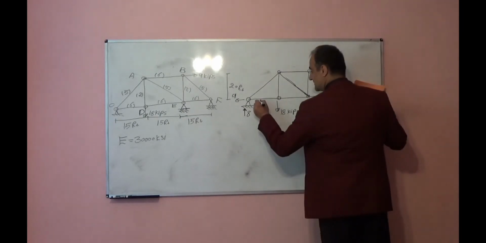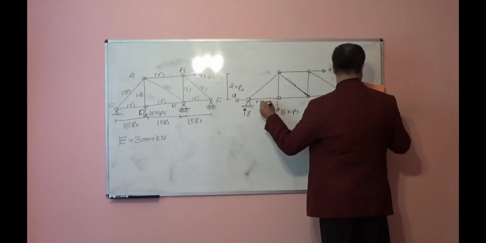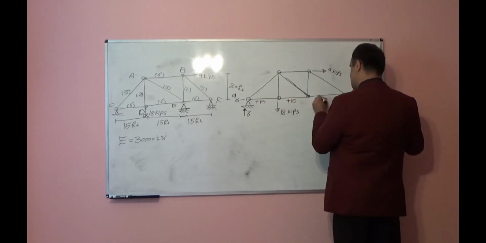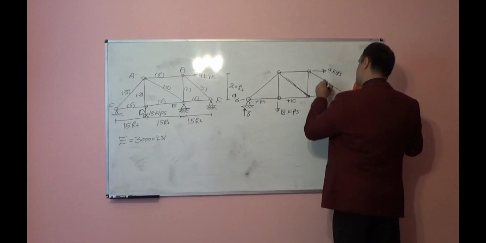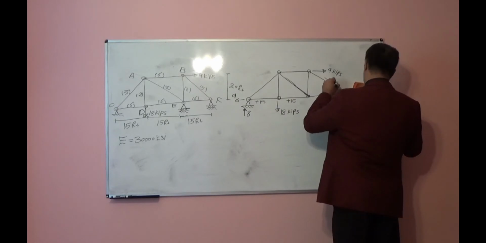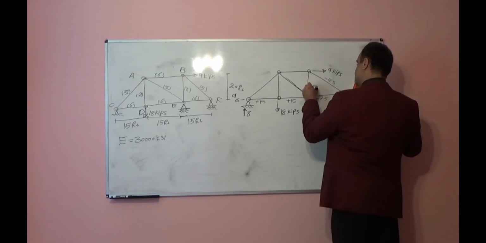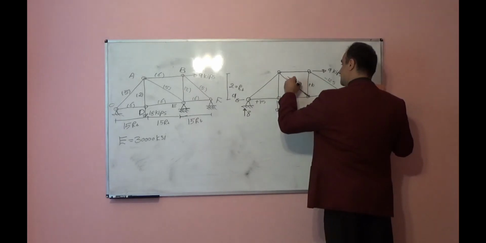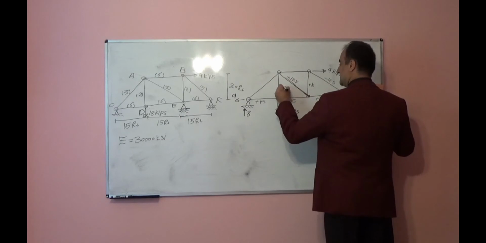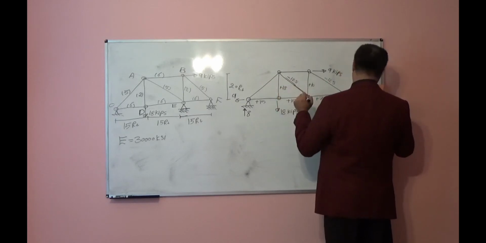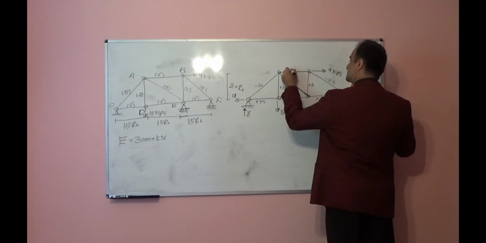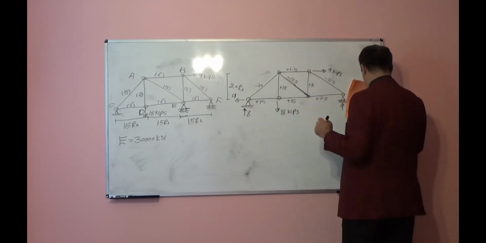I will write here positive 15, positive 15, positive 7.5, negative 12.5, positive 10, negative 12.5, positive 18, negative 10, positive 1.5.